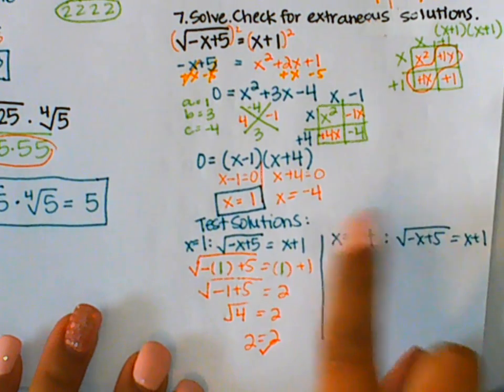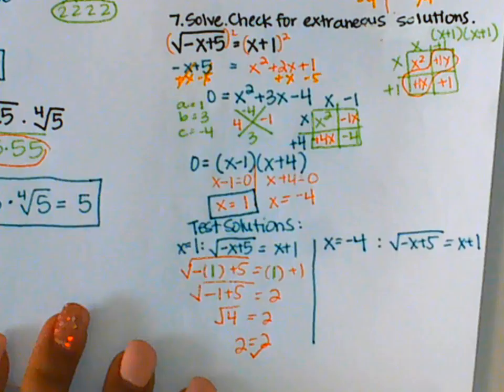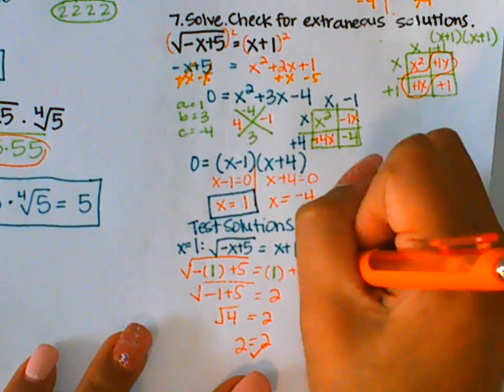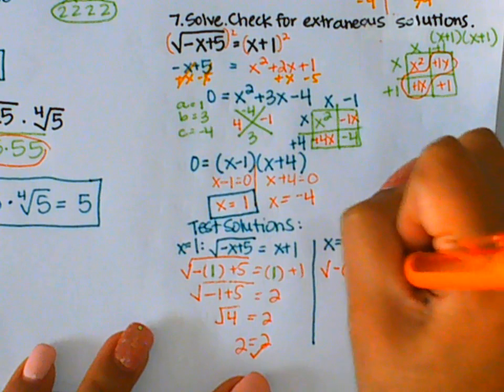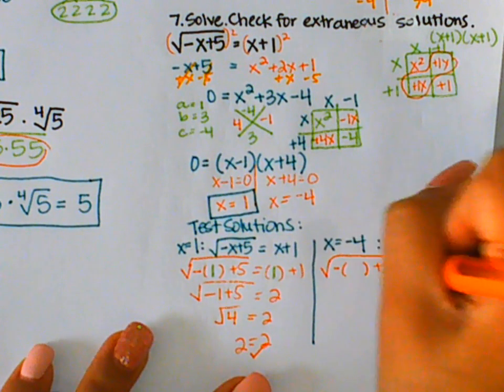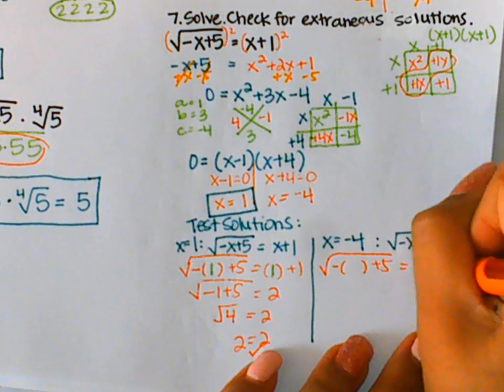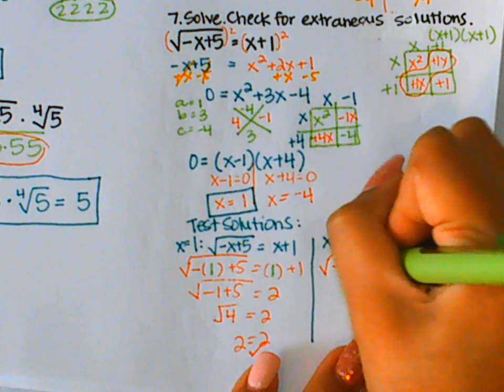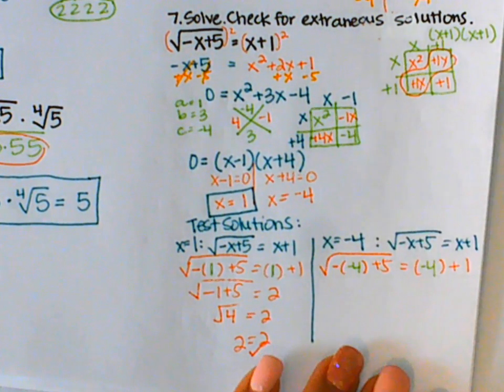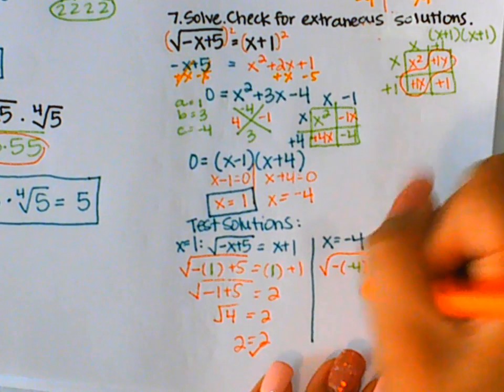Now I need to test if negative 4 is a solution. So negative 4, negative 4. A negative and a negative will give me a positive.